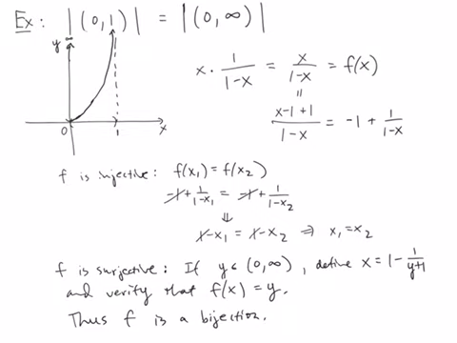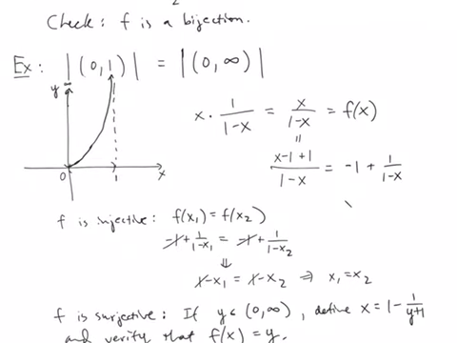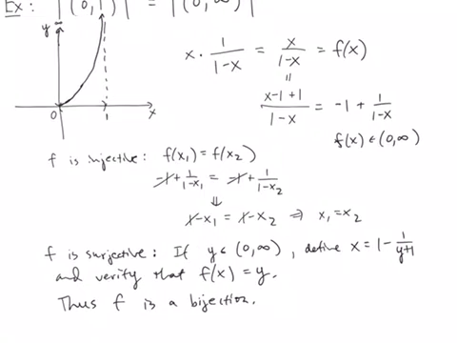And one thing I just realized I wasn't super clear about is that f of x actually does take values in 0 to infinity. So I should have said that f of x really is in 0 to infinity here, and that's because x is between 0 and 1.